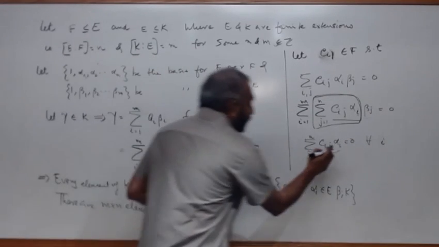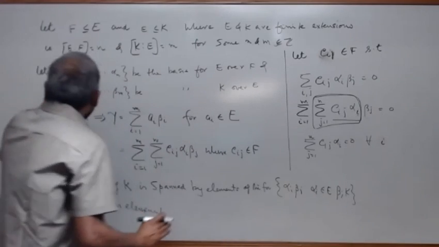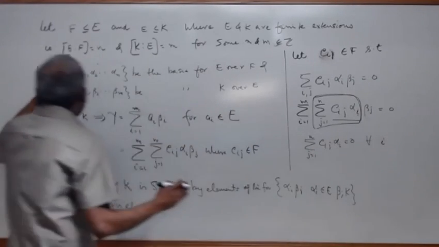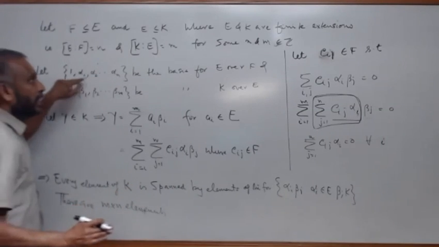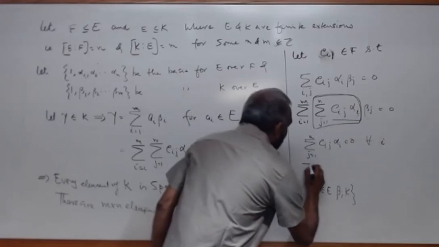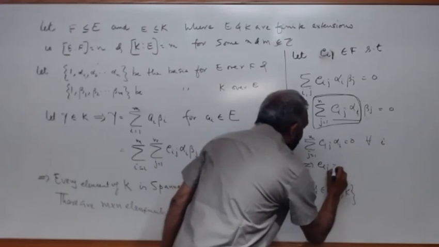But again, this is another set of linearly independent elements. This is also coming from another linearly independent set, that is in E over F. So this means that c_ij is equal to 0.